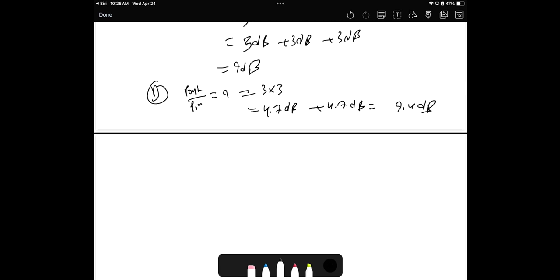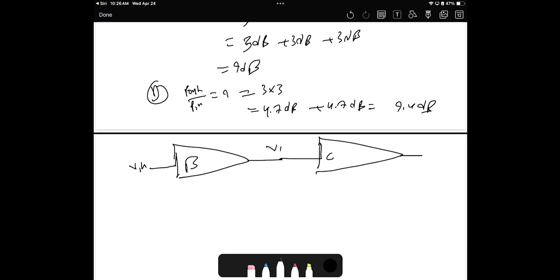Now, another thing, let's assume we have multi-stage amplifiers, like we have V input, here is gain B, then here is V1, and another stage C, here is V out. So we can say the gain B of omega equals V1 of omega divided by Vn of omega.